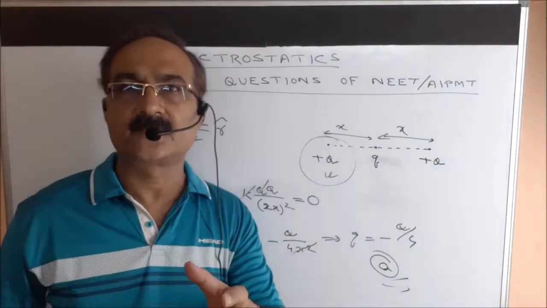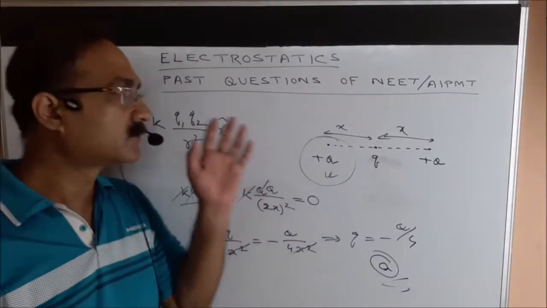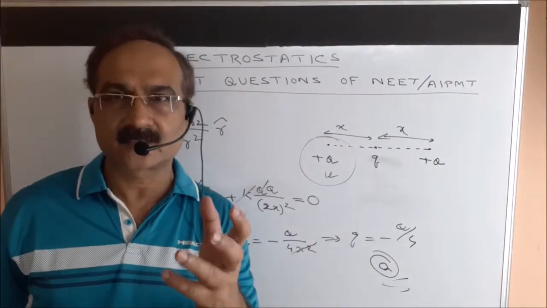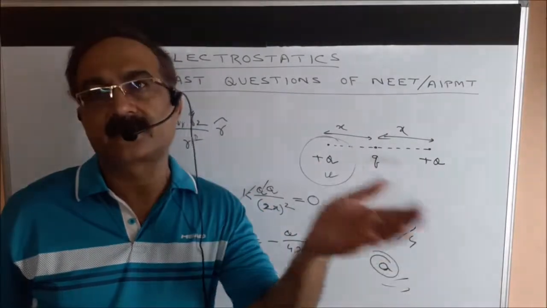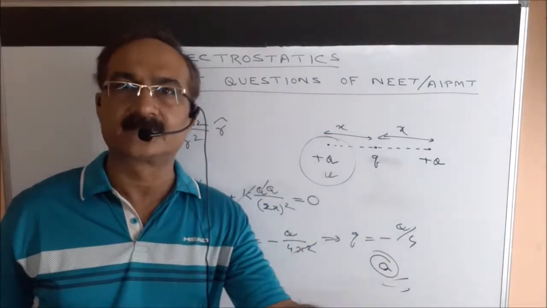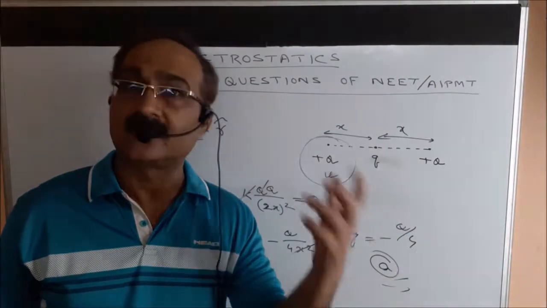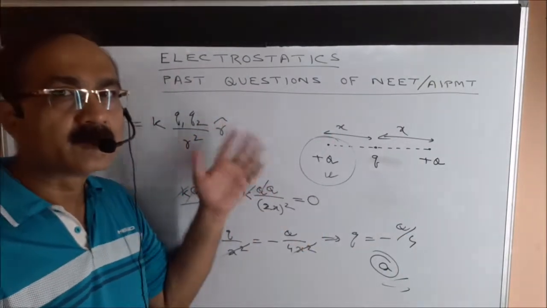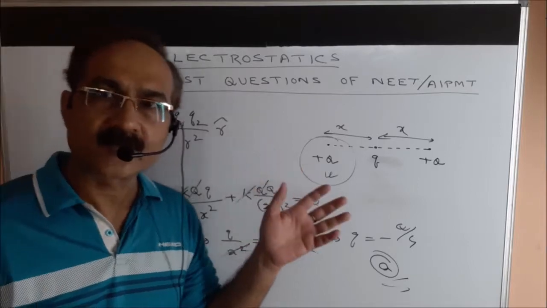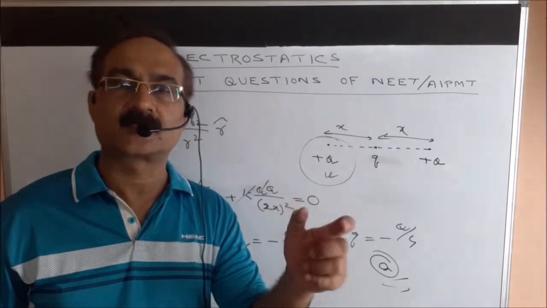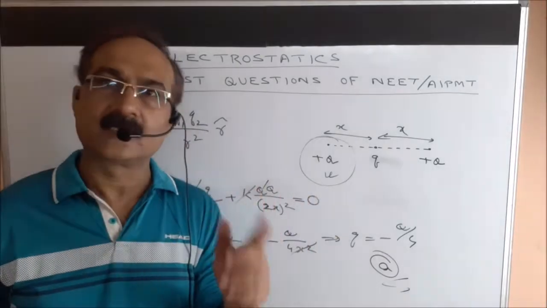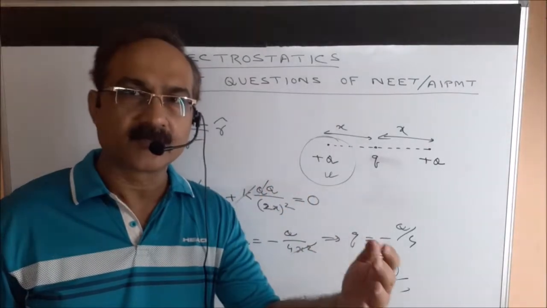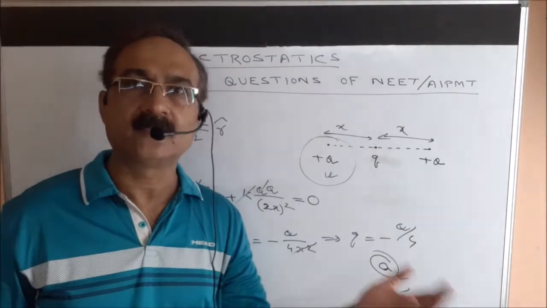So usually what happens, if there is a question on Coulomb's law, they will mix it with some other concepts of some other chapter, maybe of class 12, maybe of class 11. In many cases, the other concept is usually equilibrium. That's why your concept of equilibrium has to be very clear. If your concept of equilibrium is not clear, you watch my video on equilibrium, which I have already uploaded in my channel.